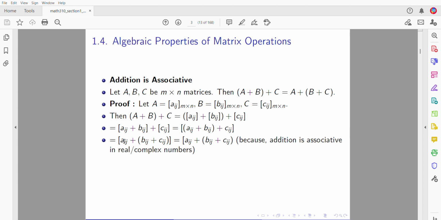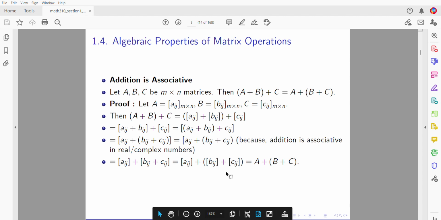Now we are able to separate these two to get matrix Bij plus Cij aside, matrix Aij on one end. This in turn is in parenthesis Bij plus Cij. That is, capital A plus parenthesis B plus C. So this is the proof of associativity of addition.